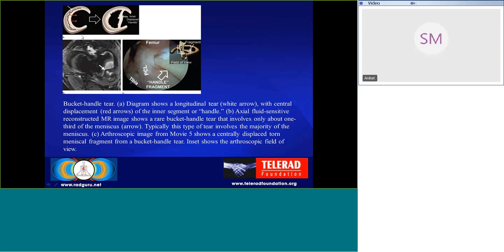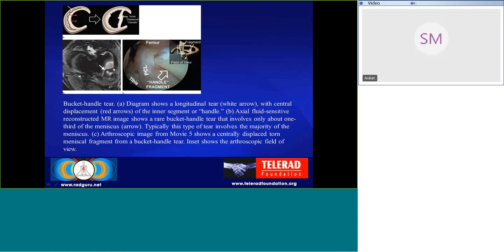So this is the diagram showing the bucket handle tear, where we can typically see a tear involves the majority of the meniscus with the medial displacement. This is the model diagram demonstrating the medial displacement or inner displacement of the handle of the bucket tear.